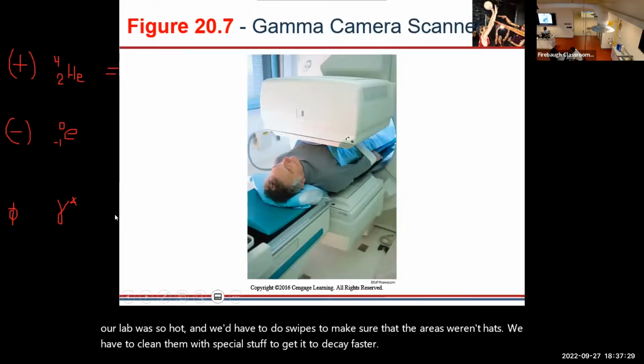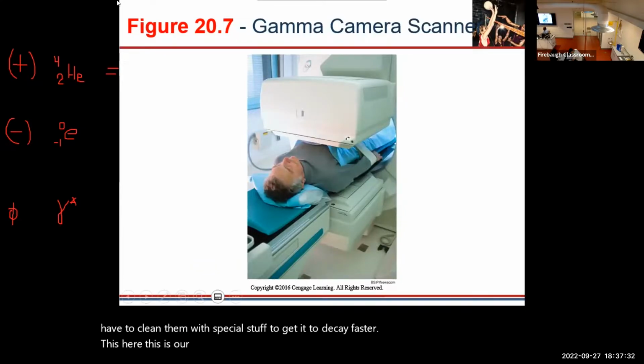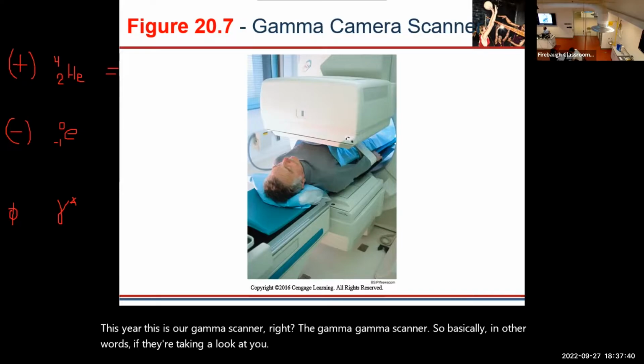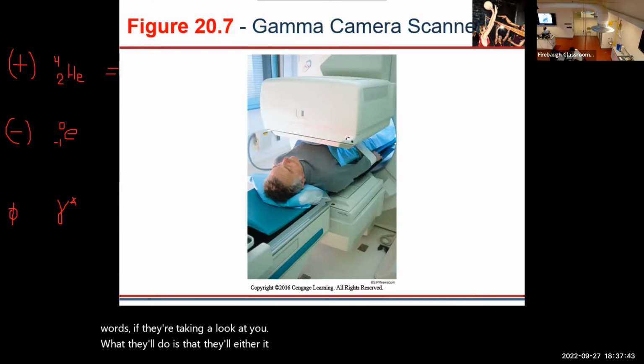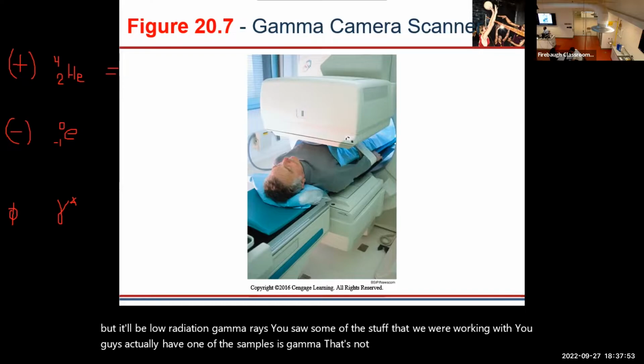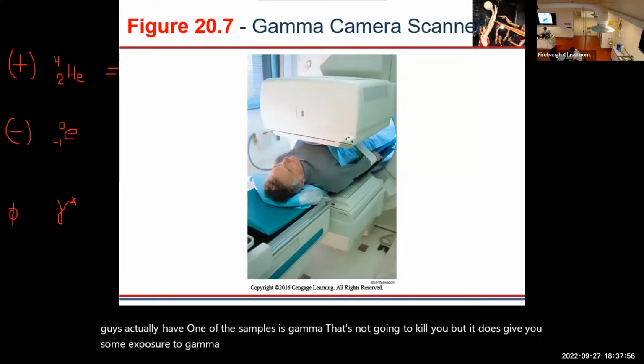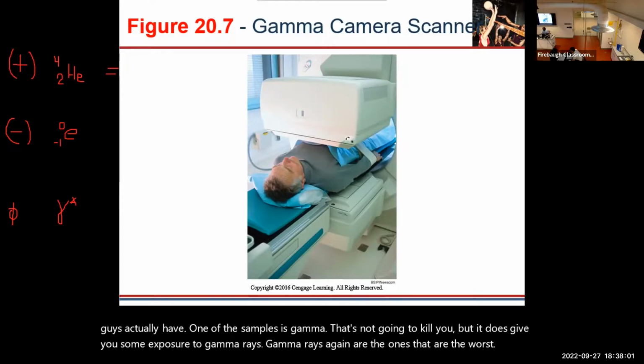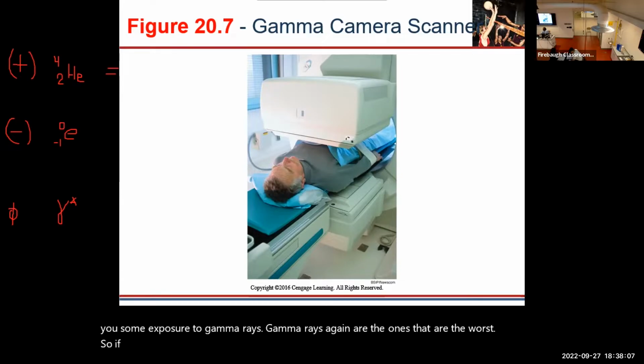This here is our gamma scanner, right? Basically, in other words, they use low radiation gamma rays. Some of the guys have actually run this. It's not something to kill you, but it does something. Gamma rays again are penetrating, so they're looking for bigger size.